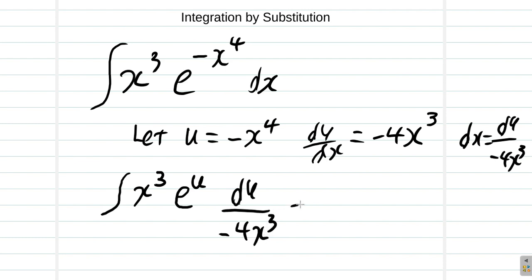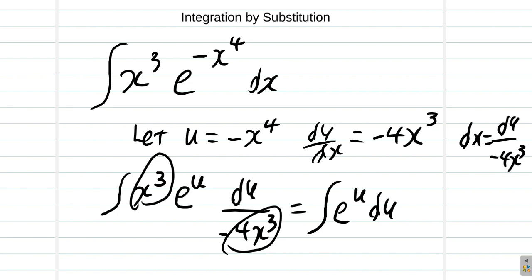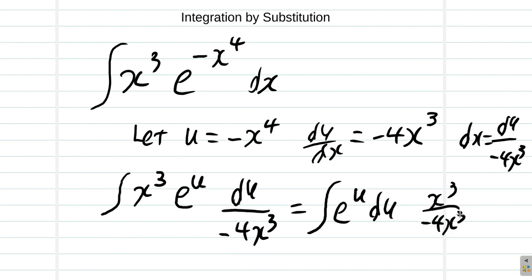See that? This is the integral of, alright, we have e to the u here, so it's e to the u du. Okay, we have a function of u du. But we have these other things to take care of, the x cubed and the negative 4x cubed. So how do we deal with that? We have x cubed up here divided by negative 4x cubed.